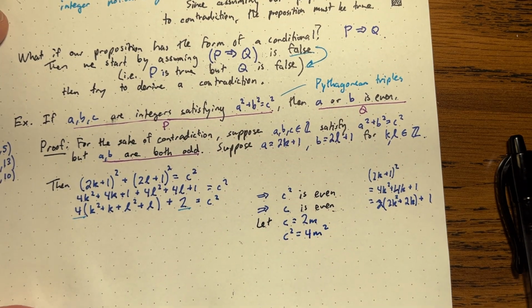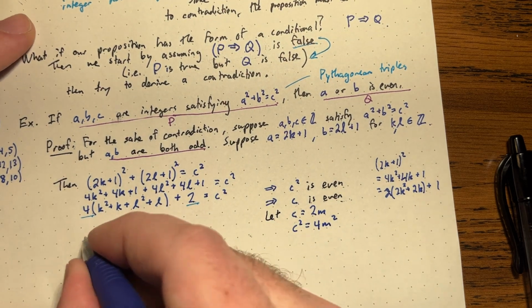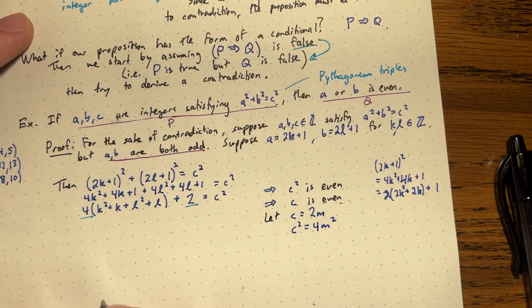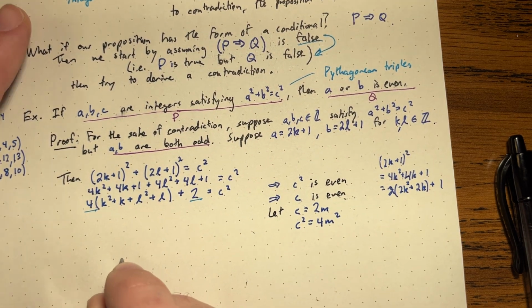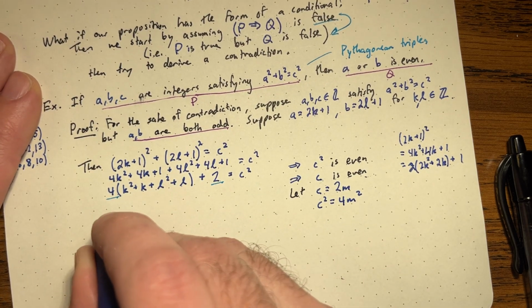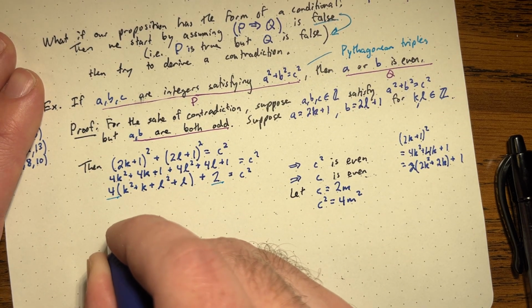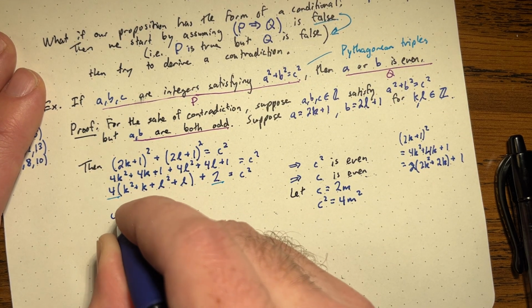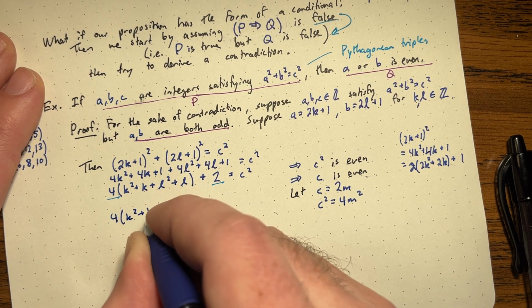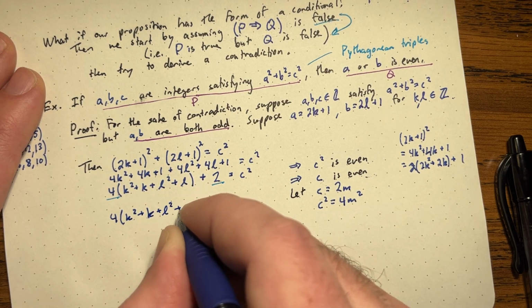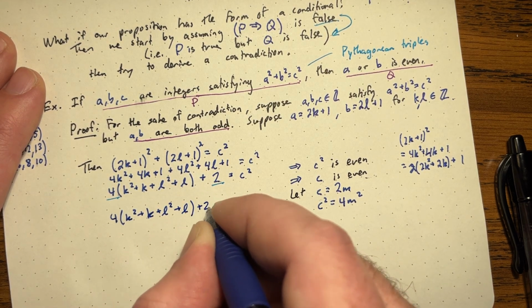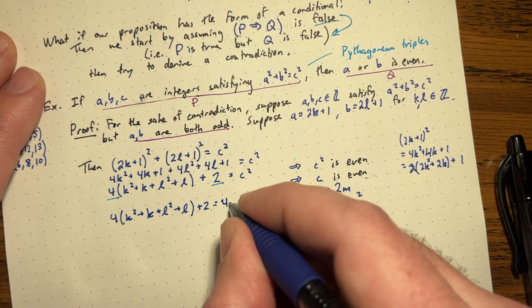Let's plug that in. So then I feel like we can cancel out these 4s and something interesting might happen. Okay, I'll come down here. Yeah, let's write this side out again. Plus L squared plus L plus 2 equals 4m squared.